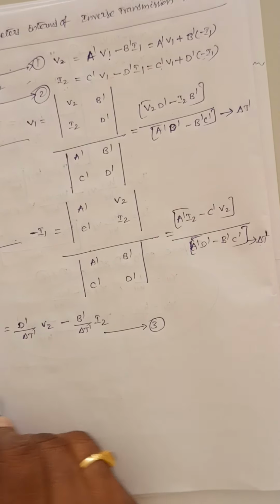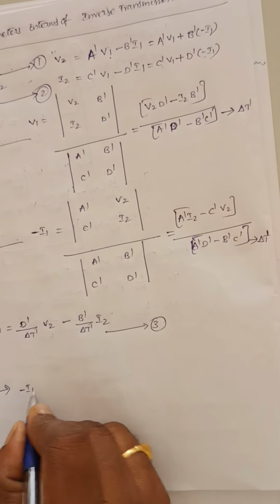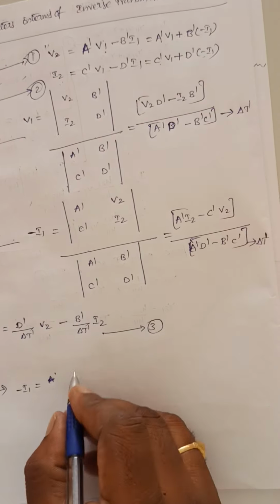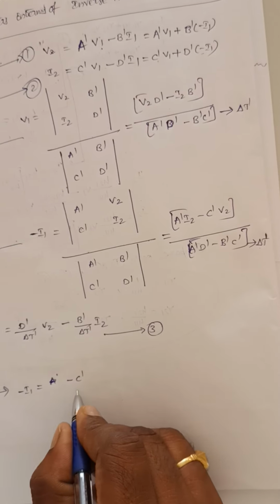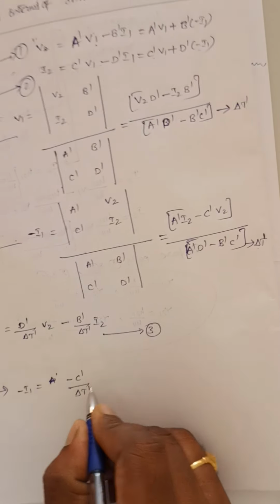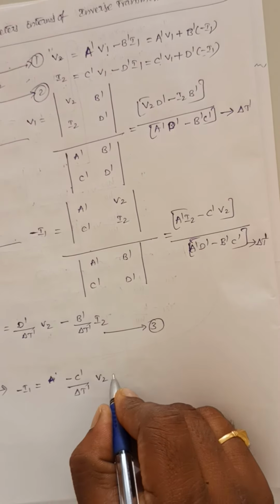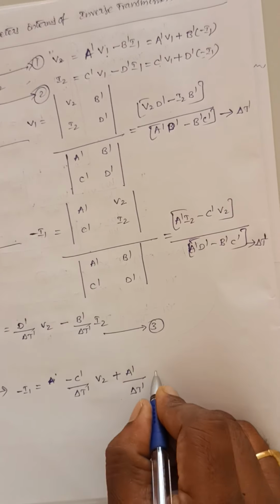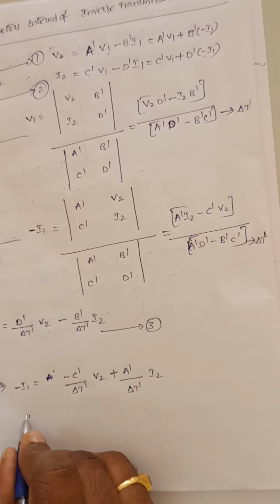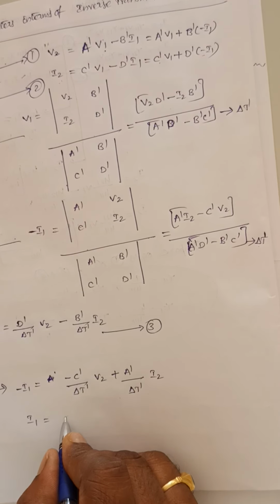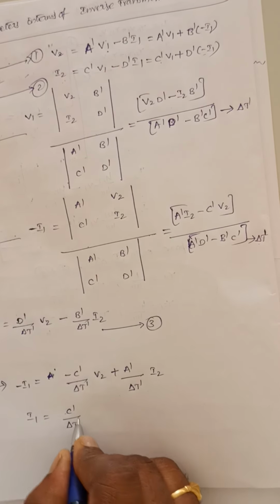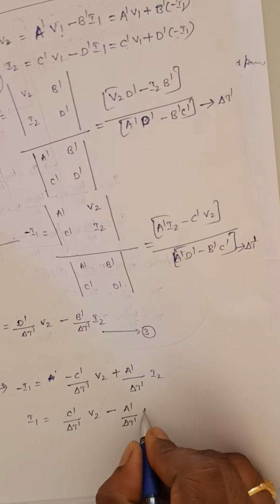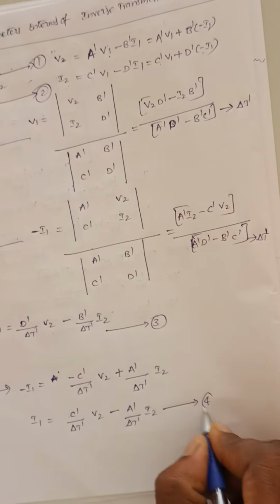Coming to this one, minus I1 is equal to minus c dash divided by delta t dash into v2 plus a dash divided by delta t dash into I2. So now I1 is equal to c dash divided by delta t dash into v2 minus a dash divided by delta t dash into I2. Let us assume it is the fourth equation.